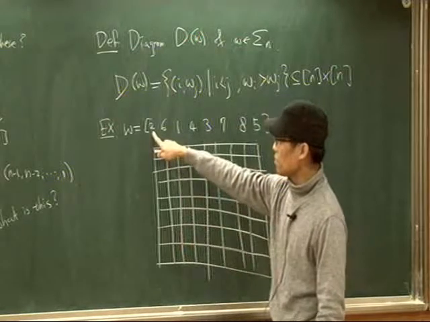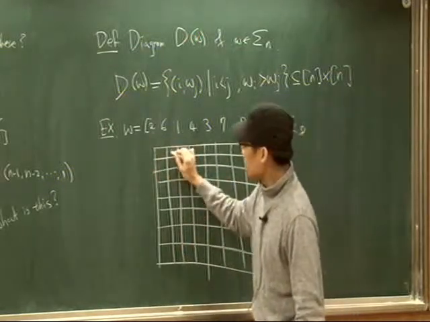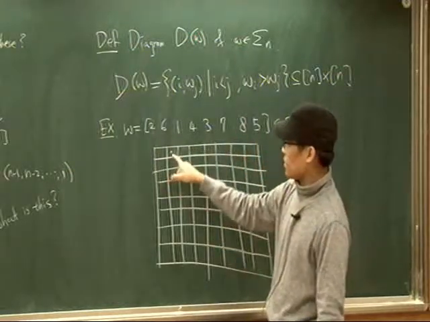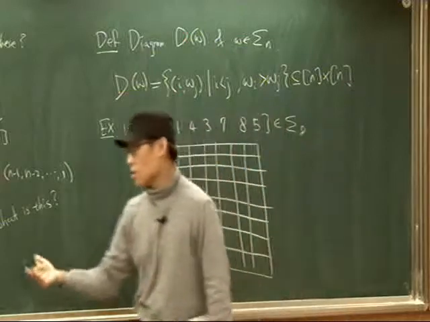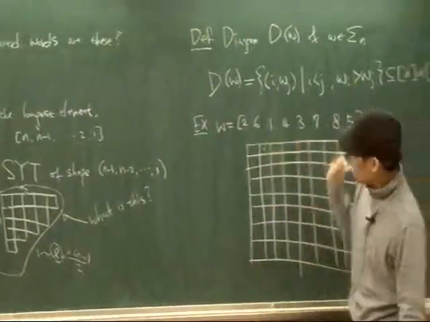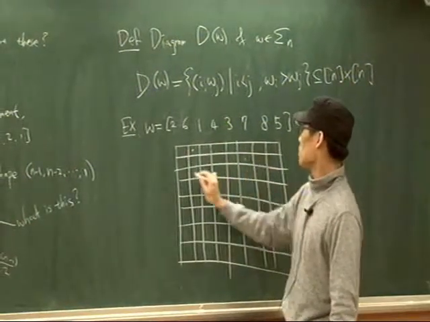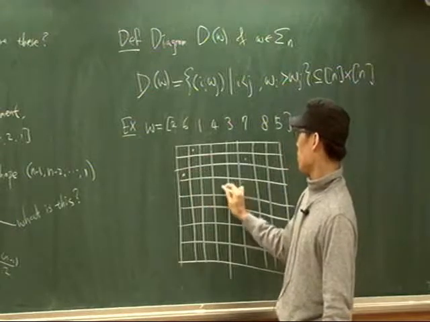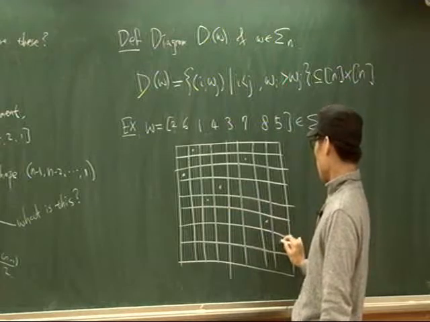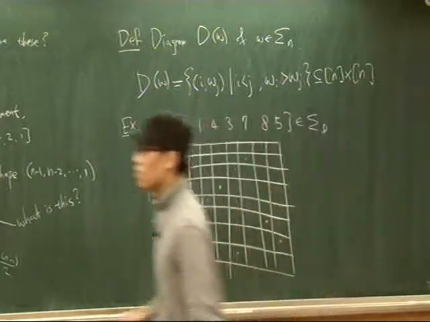So this 2 means in the first row we have the second box. But remember, this chosen box is not going to be part of the diagram.